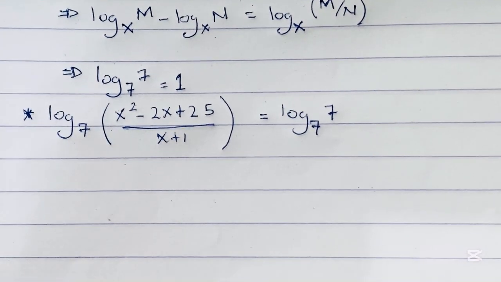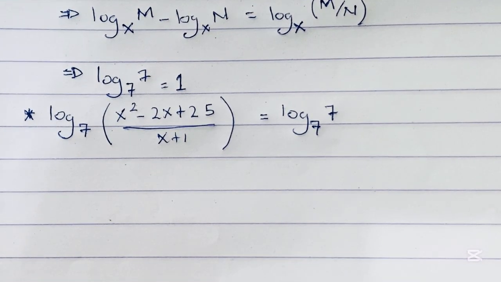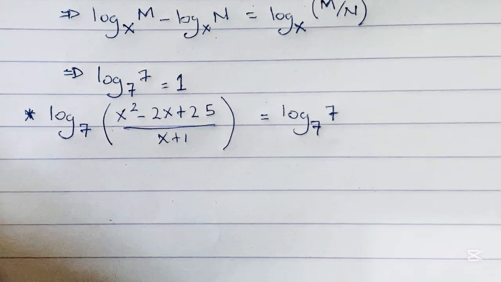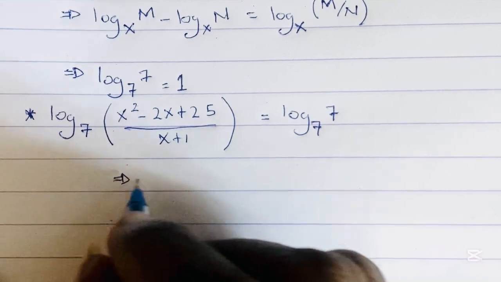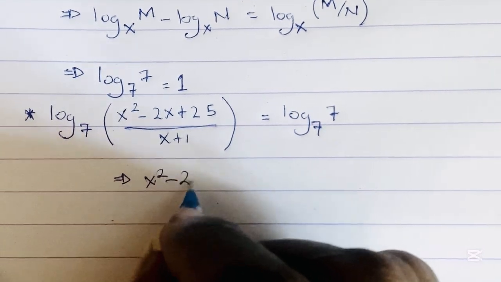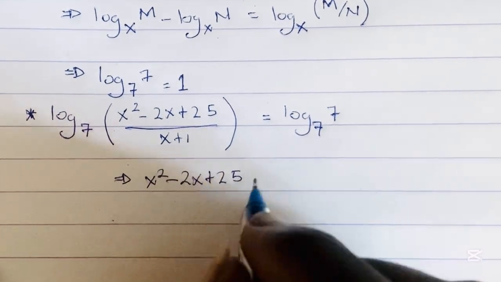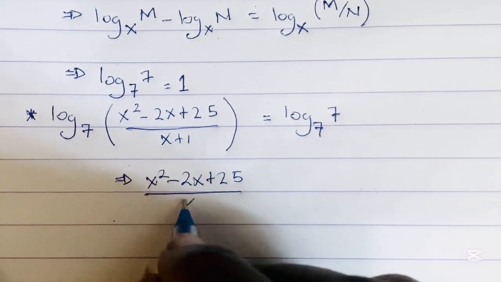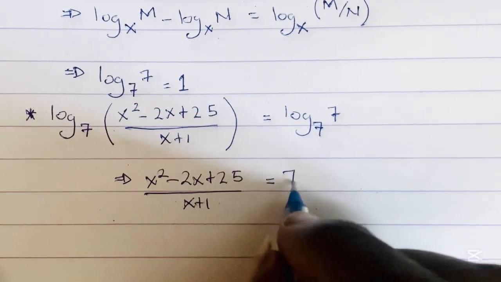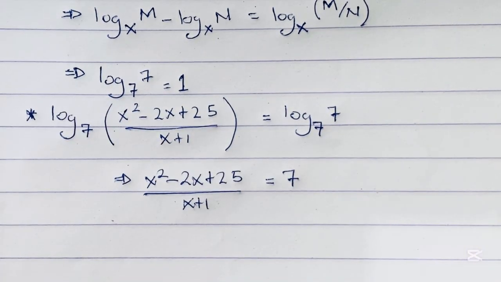So from there we are going to equate (x squared minus 2x plus 25) over (x plus 1) to 7. So (x squared minus 2x plus 25) over (x plus 1) is equal to 7.